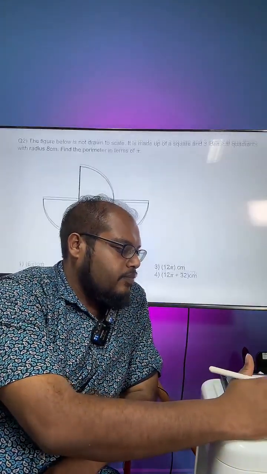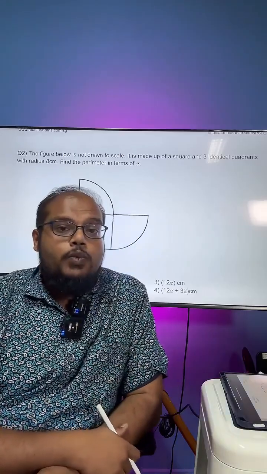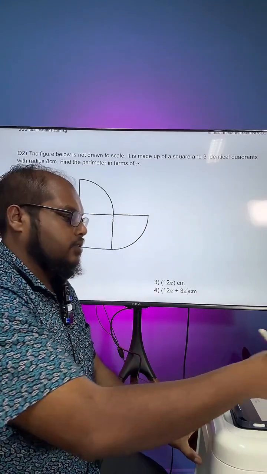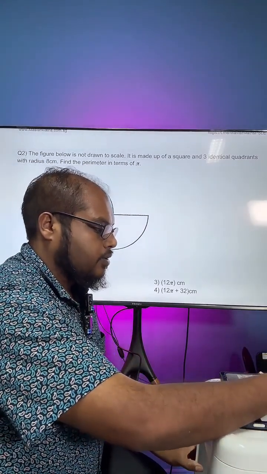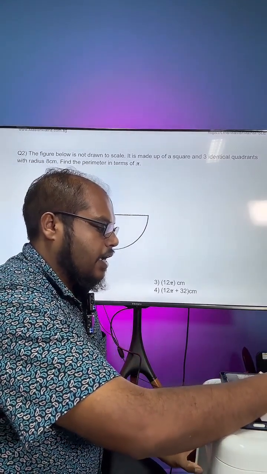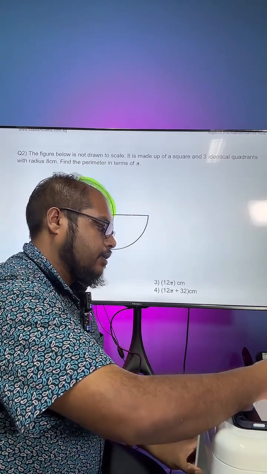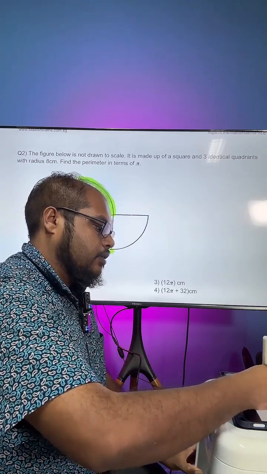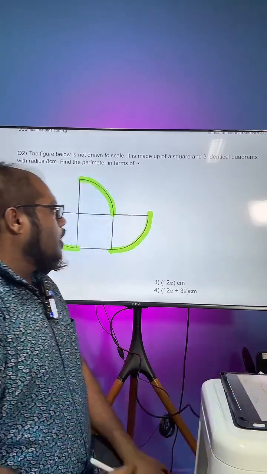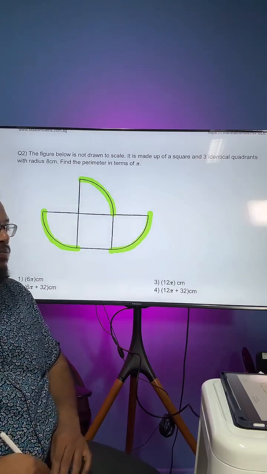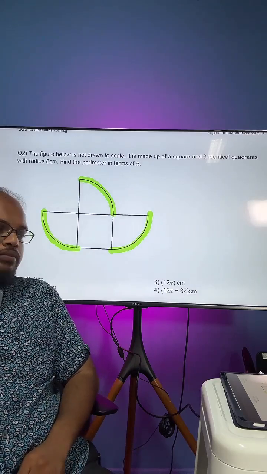So now what do we have here? We have 3 quadrants. Let me underline all the quadrants in green. See all those green lines? They are the quadrants.